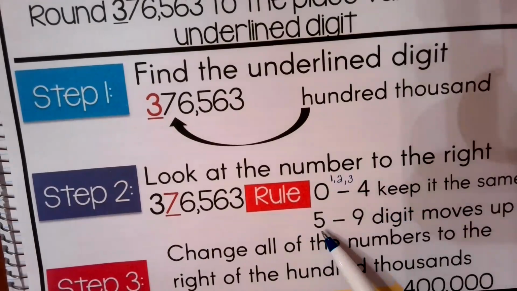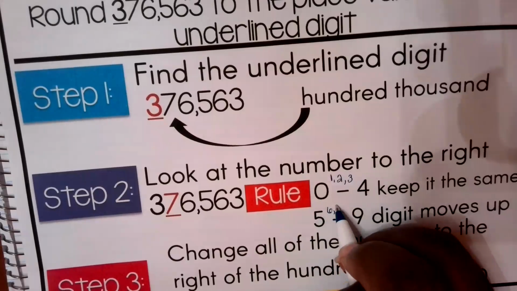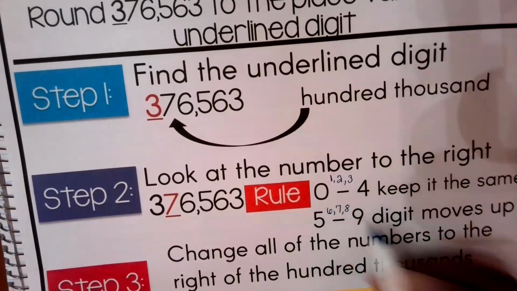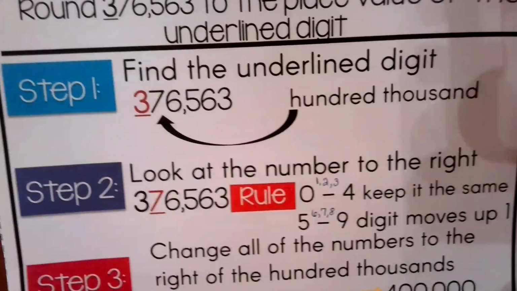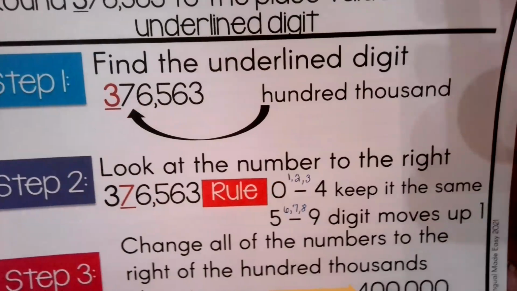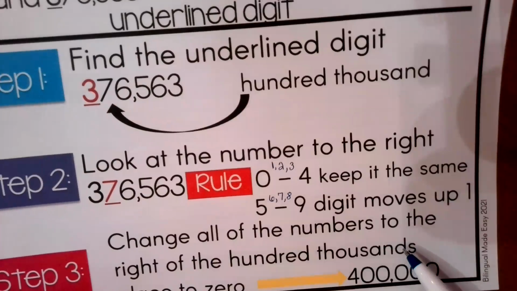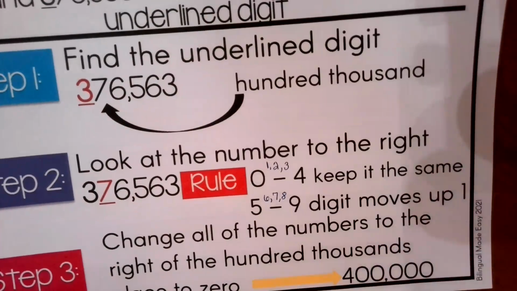Now, if the number that we circle is between 5 and 9, so that'll be 5, 6, 7, 8, and 9, our number that we underline is going to go up by 1. And then step number 3 is change all the numbers to the right of our underlined number to 0, and everything in front of it stays the same. So let's do some problems.